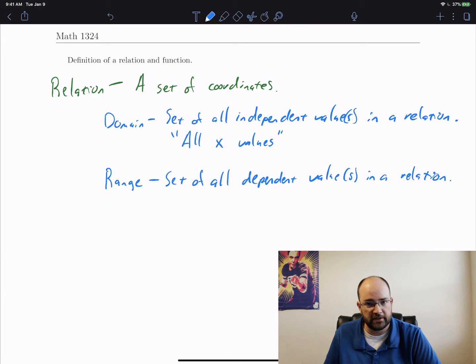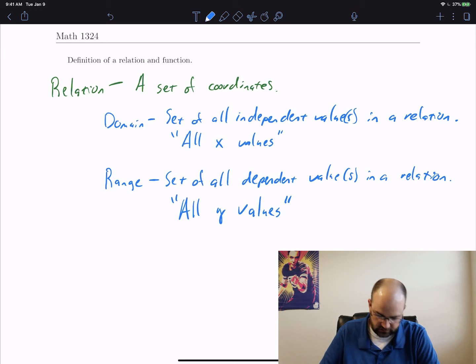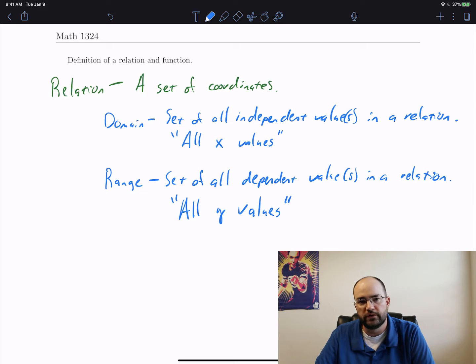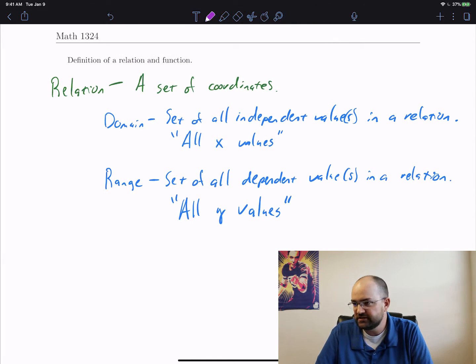It's just for the y-axis generally this time. And since it's y-axis generally for us, we're going to say all y values is what we're going to think of for the range. Now, it's not always going to be y, just that's what a lot of people think of it as. Good deal. Now, this is talking about all relations.